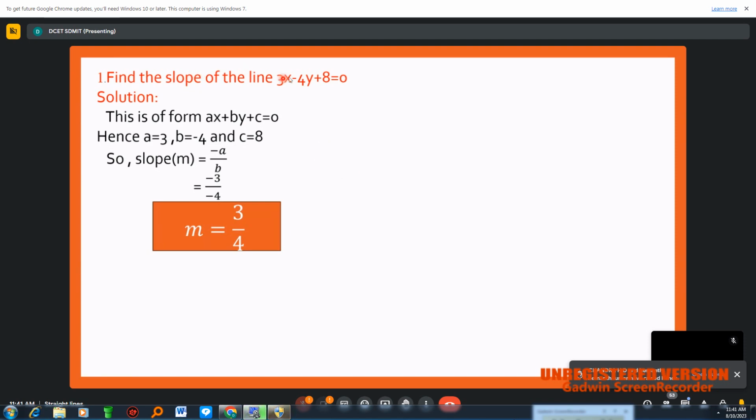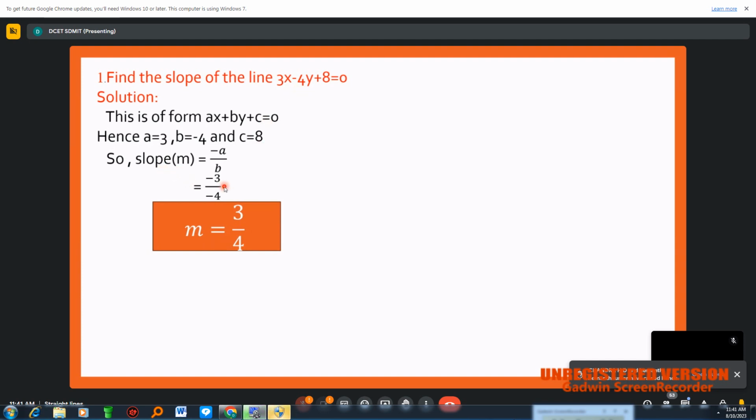So if they give the equation of a line, then you should use the formula minus a by b. When we are writing a, b and c, you should write the values with the sign. So now a value is 3. If there is no sign, it is understood that it is positive. B is nothing but minus 4. C is nothing but 8.